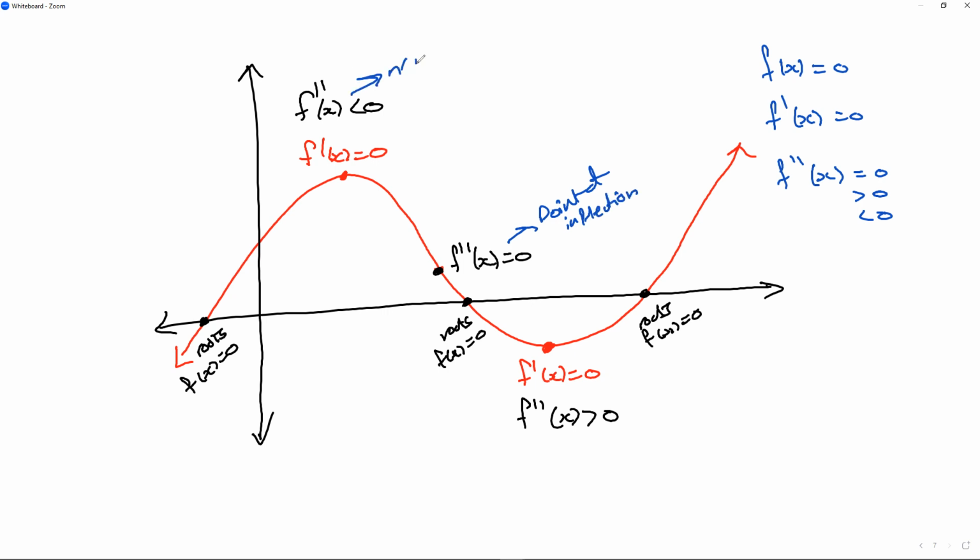That is the maximum. That is your minimum. And the points at which the derivative is equal to 0 are known as stationary points.